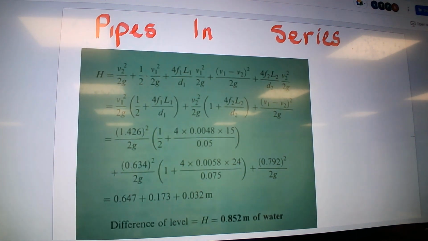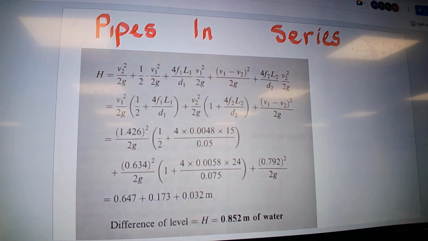Okay, the question is asking us to find the height. So we are going to apply Bernoulli's equation. Now this equation will be in this form. H equals the velocity at 2 over 2g plus v1 square over 2g, half of that one, and the Darcy formula here.